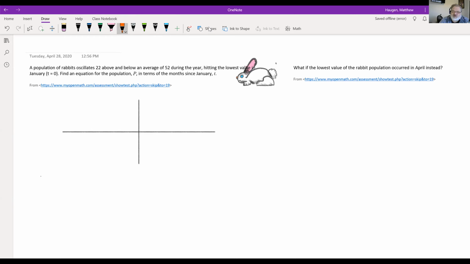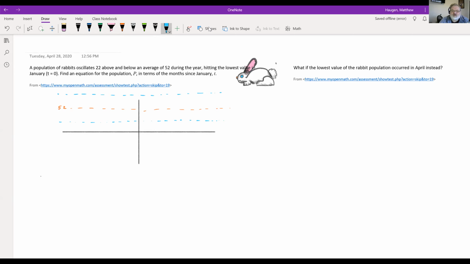So the population of rabbits oscillates 22 above and below an average of 52. So that 52 is going to be the midline of the graph we're going to end up with. And we're told we go 22 above that and 22 below that. Notice I'm not worrying yet about trying to write an equation, just trying to get a sense of how this is behaving.